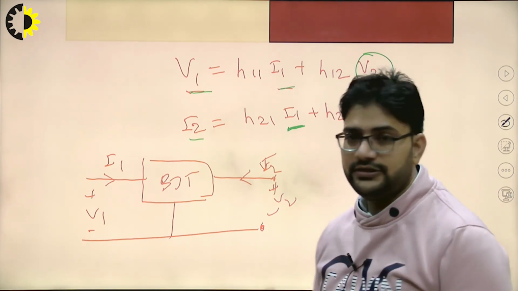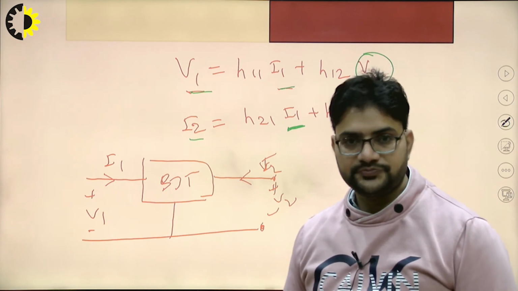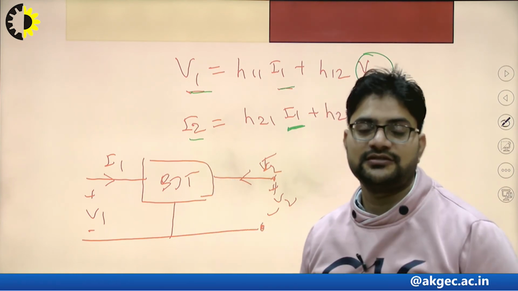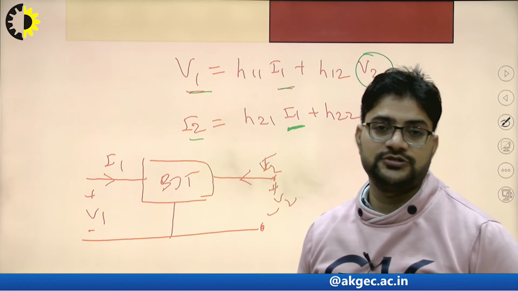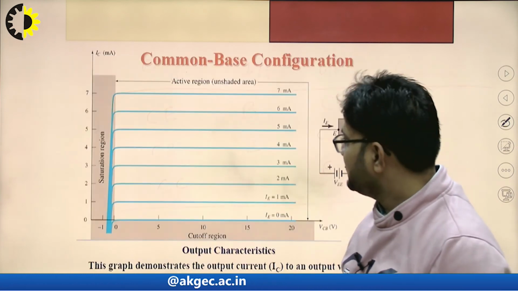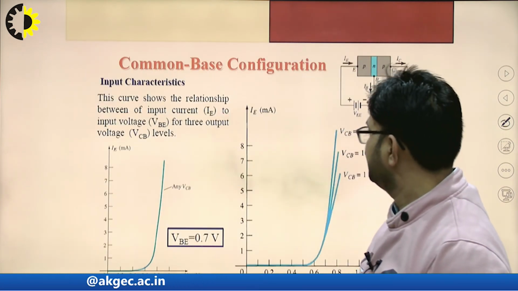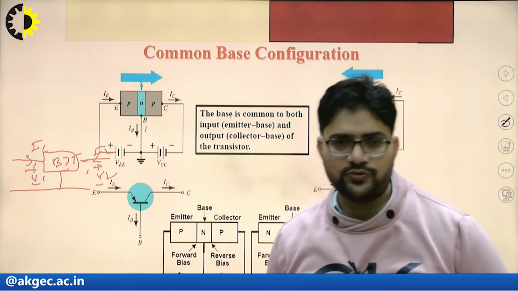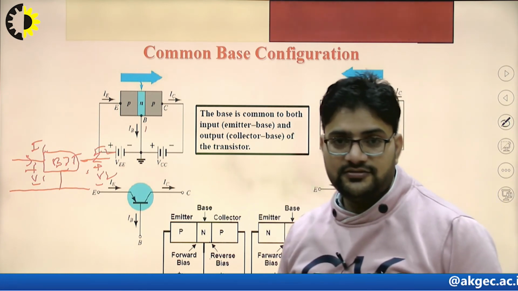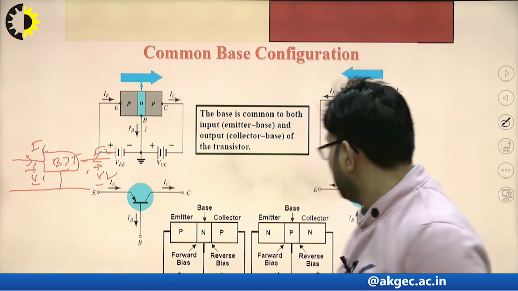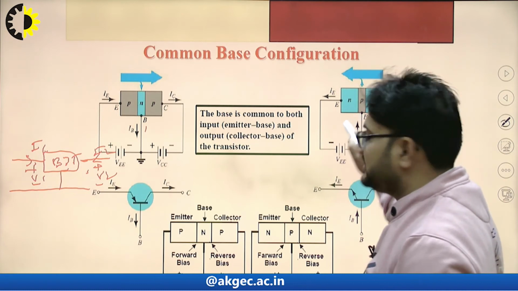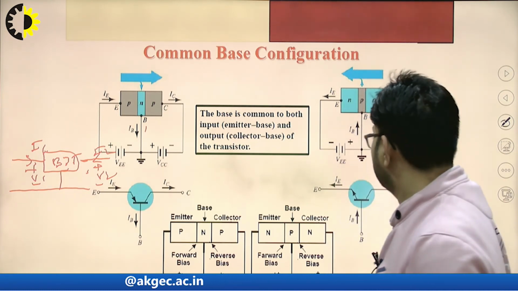So before we discuss the common base configuration or common emitter configuration, we must know about the early effect also, right? So take the simple common base configuration, and if it is working in the active mode, it means that this emitter base junction is forward bias and collector base junction is reverse bias, right?